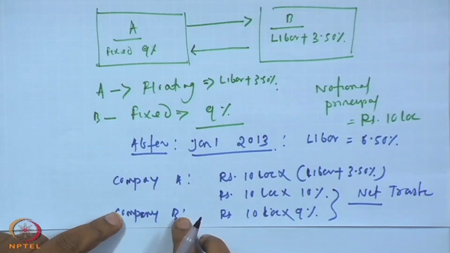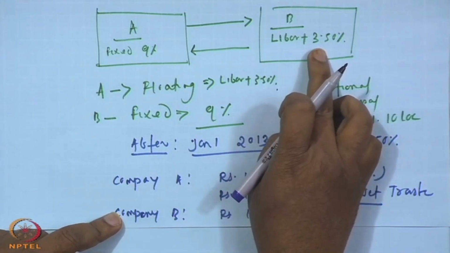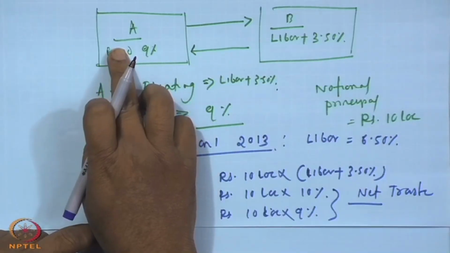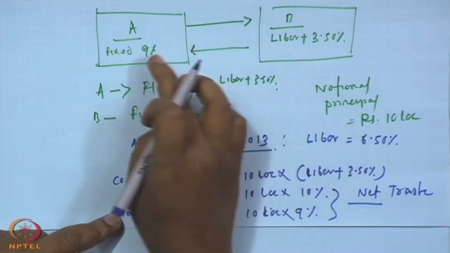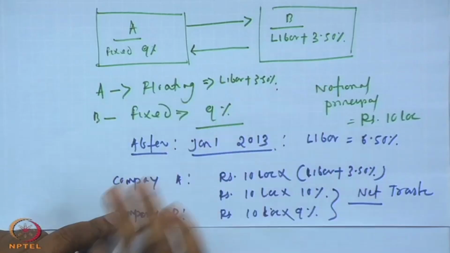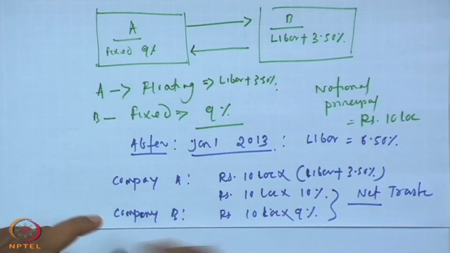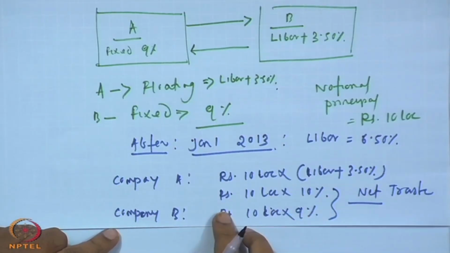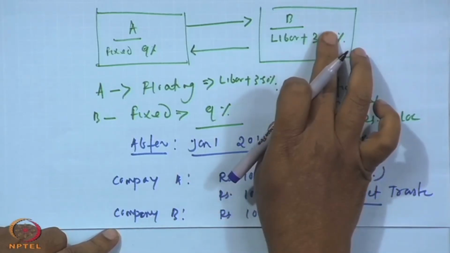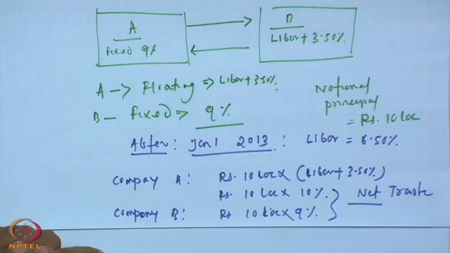Company B has transferred that 10% interest to company A, and is paying only 9%. So there will be a transfer of an extra 1% of 10 lakh by company A to company B.